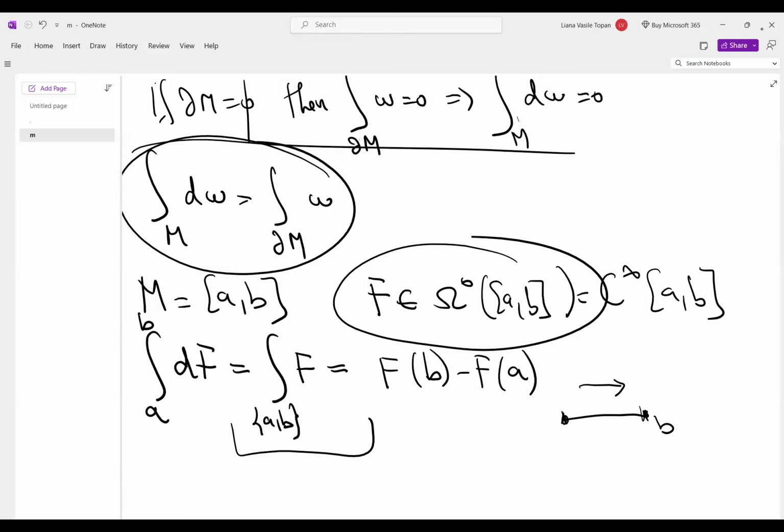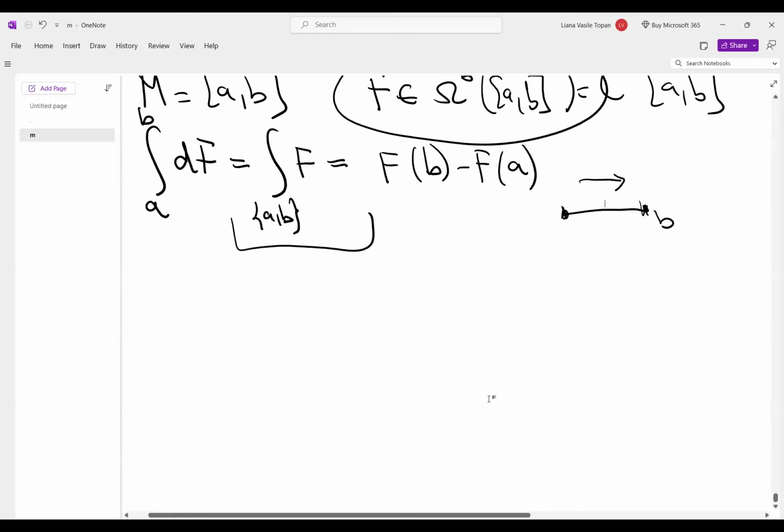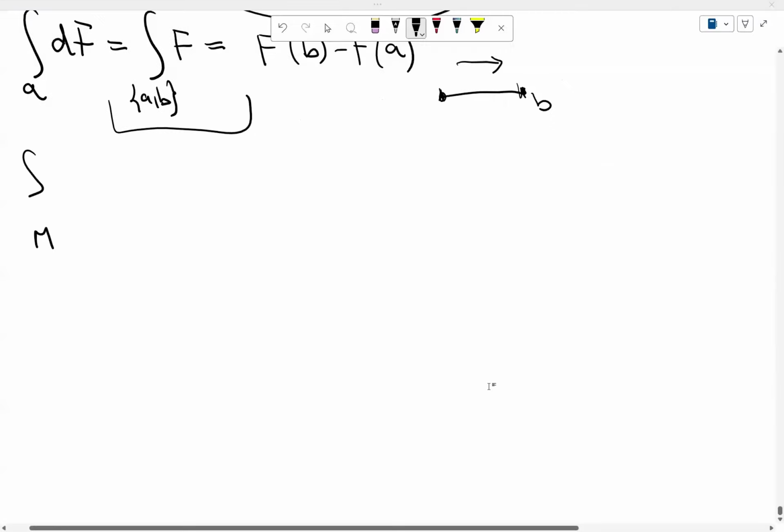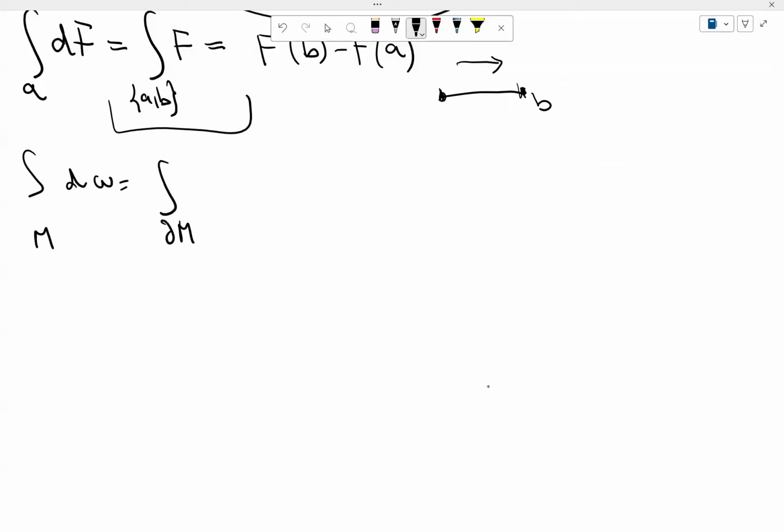Now, another remark here is that, so let's see. So again, an integral over M of d omega is the integral over the boundary of M of omega, right?